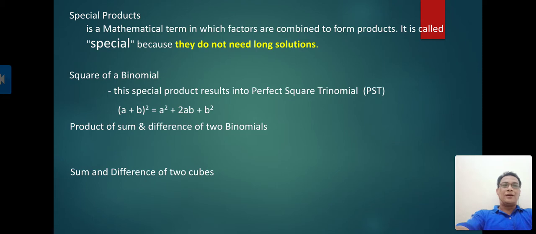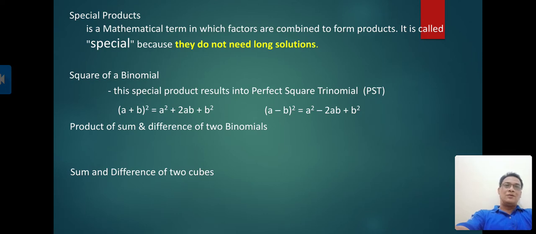Okay, do you recall this? The quantity of a plus b squared is equal to a squared plus 2ab plus b squared, or the quantity of a minus b squared is equal to a squared minus 2ab plus b squared.